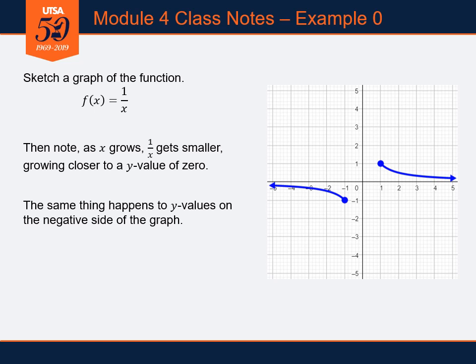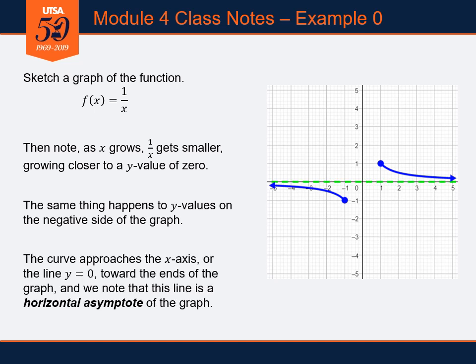If I plug in -2 for x, -3, -4, -5, then I have fractions that are getting smaller and smaller, closer and closer to 0 on the negative side. This gives us a horizontal line. The curve approaches the x-axis, the line y equals 0. And we note that this horizontal line is called a horizontal asymptote of the graph.